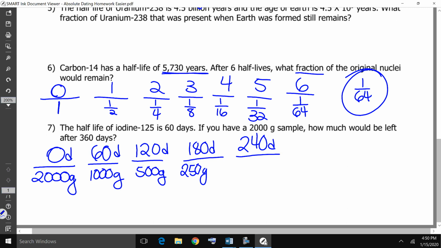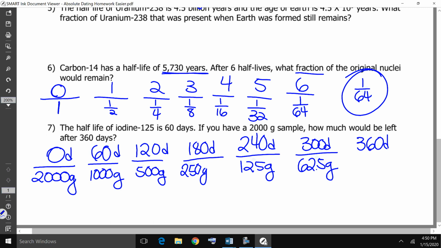Dividing our amount left in half, that's 125 grams. 240 days plus 60 days is 300 days. 125 grams, our amount divided by 2 is 62.5 grams. And last, we have 300 days plus 60 days is 360 days.